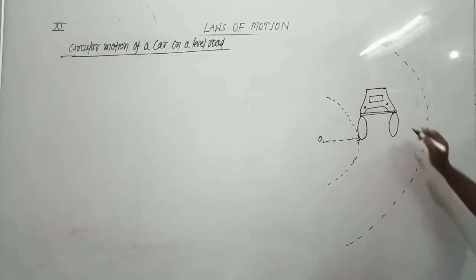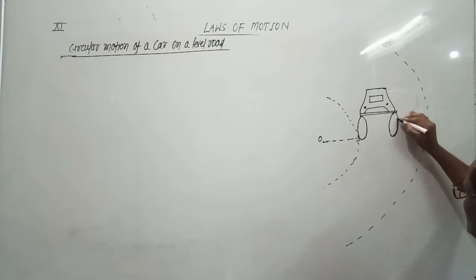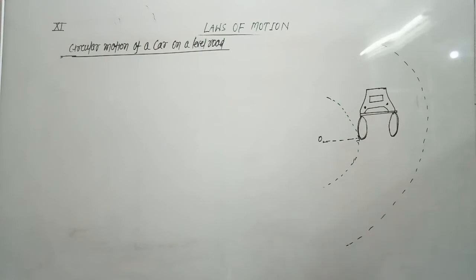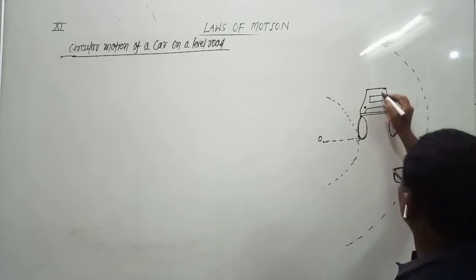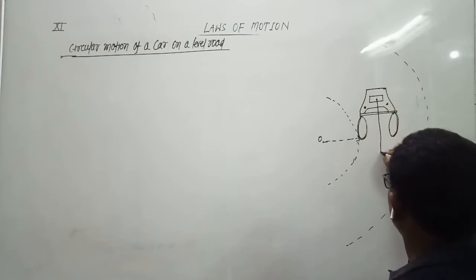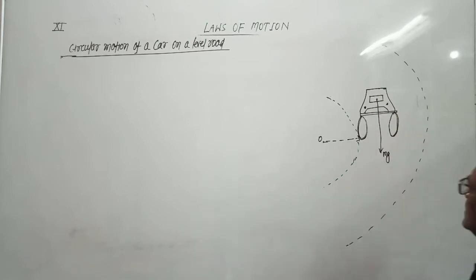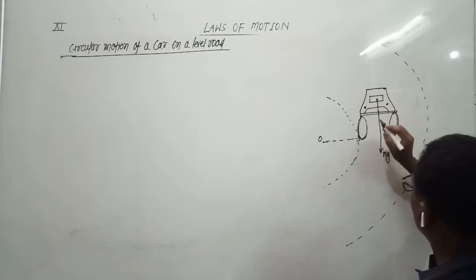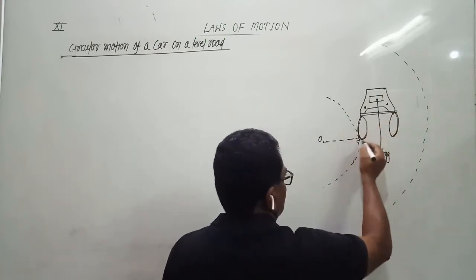There is a car which is doing circular motion on a curved path. So its weight mg acts vertically downward, and the normal reaction acts on both the wheels.